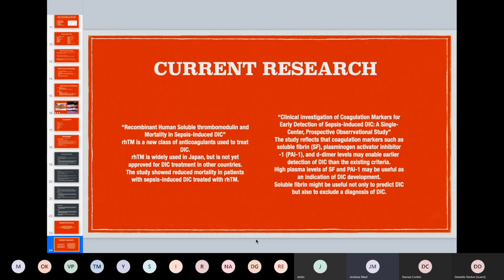High plasma levels of soluble fibrin and plasminogen activator inhibitor may be used as indication of the development of DIC, and soluble fibrin may be used not only to predict DIC, but also to exclude the diagnosis of DIC.